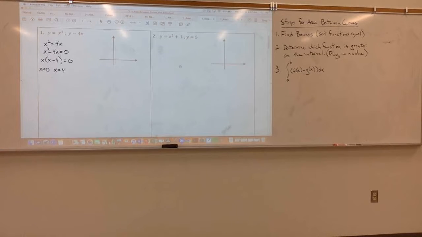Sketching it? Does it have to be? No, just so you can kind of understand what's happening here, kind of see what this region would look like.